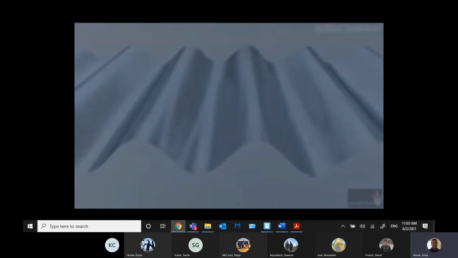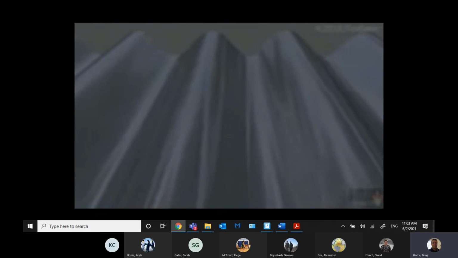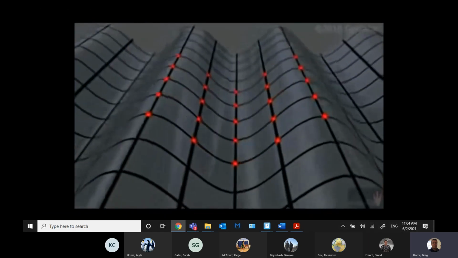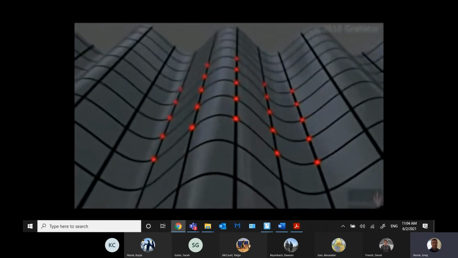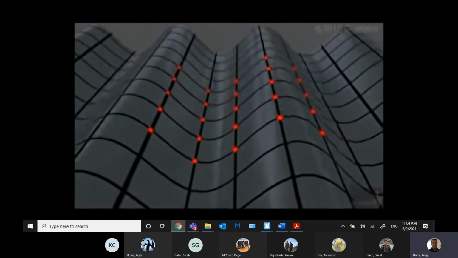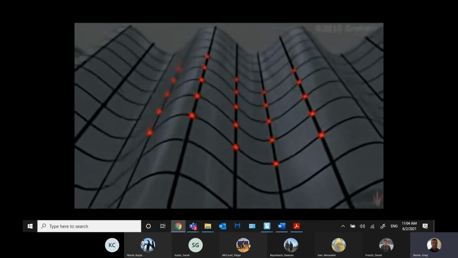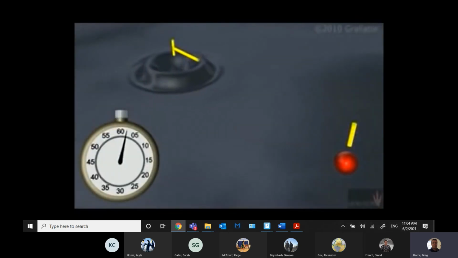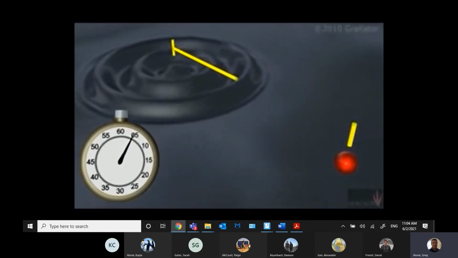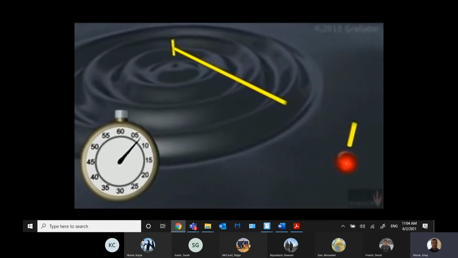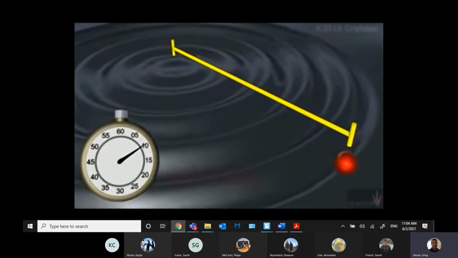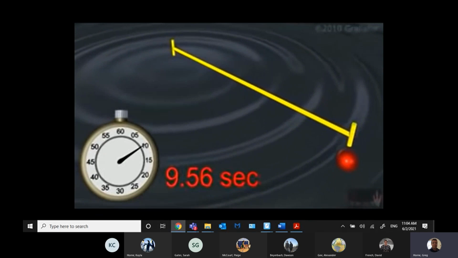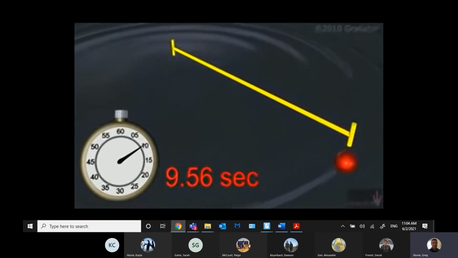Waves also carry water along with them. You see, let's zoom in on the actual surface. Pick out some points to observe. If you look carefully, you'll see that the water actually only moves up and down. It does not travel along with the wave. Waves carry energy without carrying matter. Now let's have a look at our stone dropping experiment again. The wave has to travel to reach an object before it can act upon it, and it takes time to cover this distance. So the wave does carry energy, but only at a certain speed, and this speed depends on what kind of wave it is and what it is travelling through.